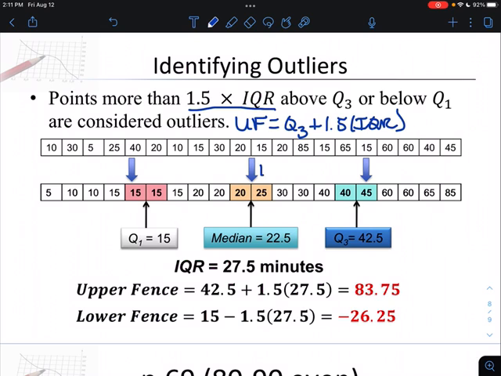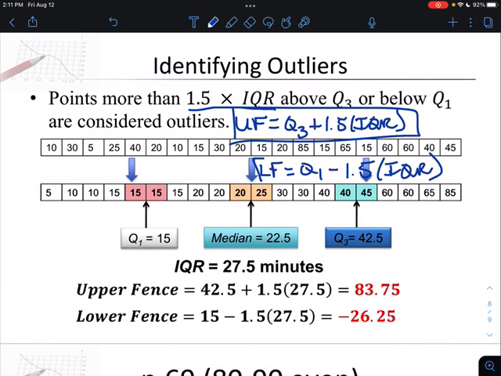My lower fence, which I'll write down here, is actually the other direction. Starting at quartile 1, I subtract 1.5 IQRs to give me my lower value. What's the lowest I can be before I become an outlier? And so these two formulas right here are ones you're going to want to know. You need to memorize them and have those ready for quizzes and tests and things like that.